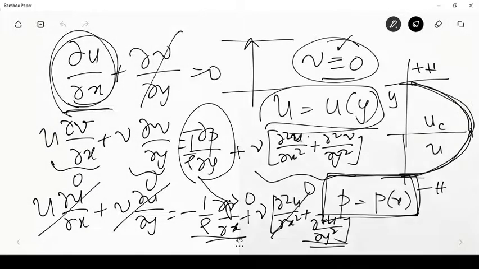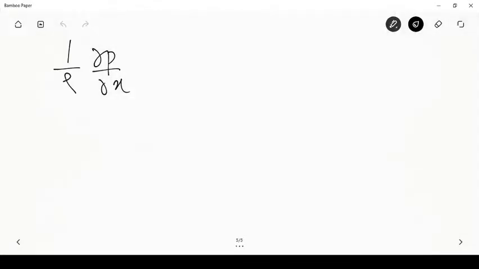So your momentum equation is nothing but 1 by rho del p by del x. It has a negative sign, so when I bring it to the left hand side, the negative sign goes away, and this nu is mu by rho. I can write it that way, is equal to mu by rho into del squared u by del y squared. Now we have said that the pressure is only a function of x and u is only a function of y, so the partial derivatives actually disappear.